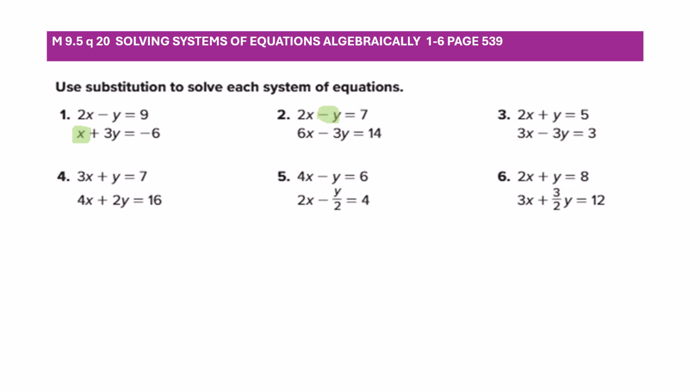This is negative y, but it still has a coefficient of negative 1, so you can work with that. Here it is easy once again. This is 1. This is also 1. This is negative 1. And the second challenge here is that you have a fraction. Once again, this is positive 1, and once again we have a fraction.